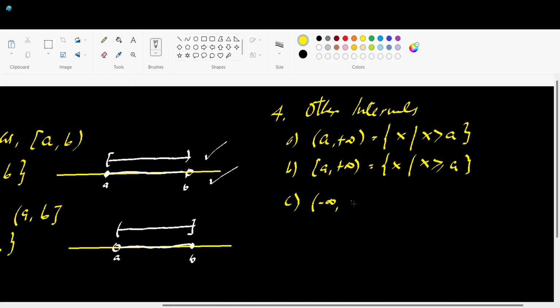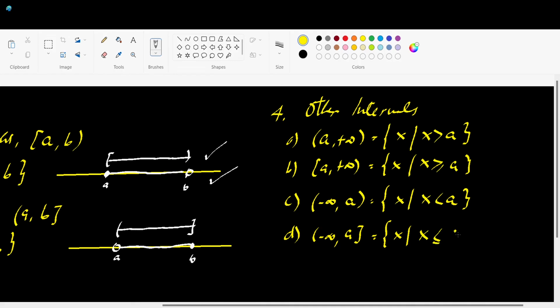(Negative infinity, a), the set of all x's such that x is less than a, and (negative infinity, a], the set of all x's such that x is less than or equal to a. So how do we illustrate this?